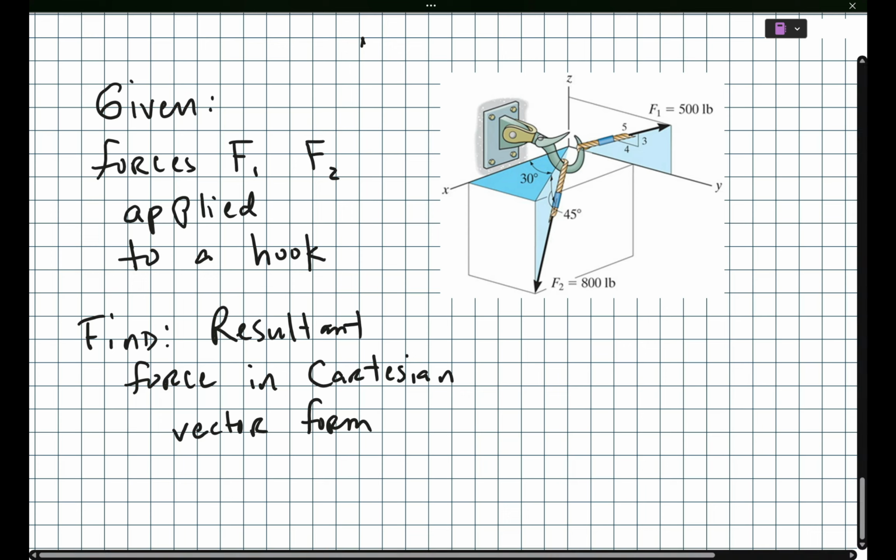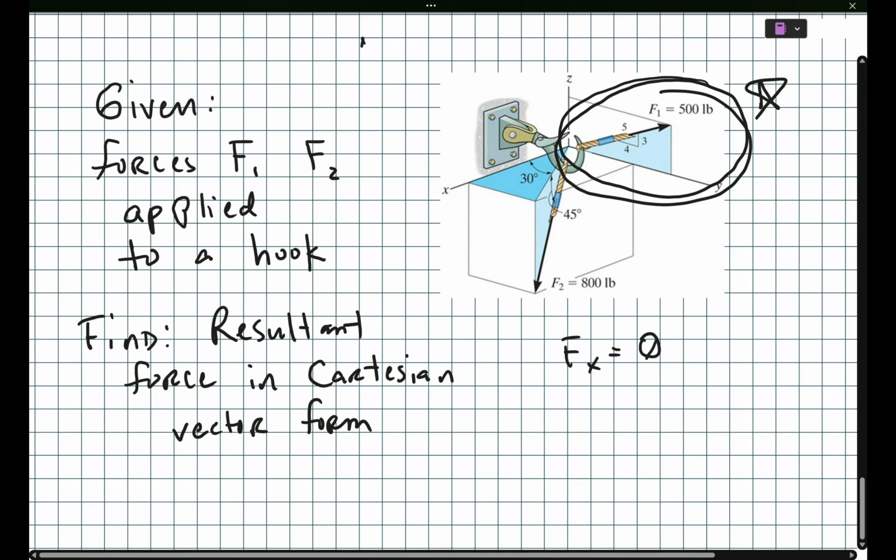So let's first resolve this force right here, F sub 1. If we take F sub x, it equals 0, so this is going to be 0 pounds.